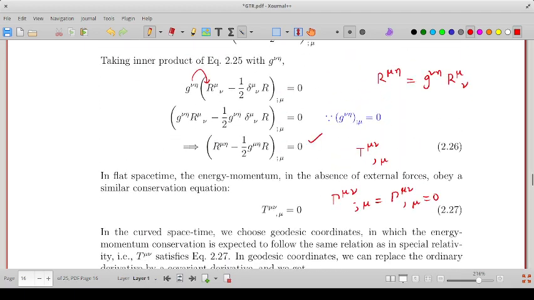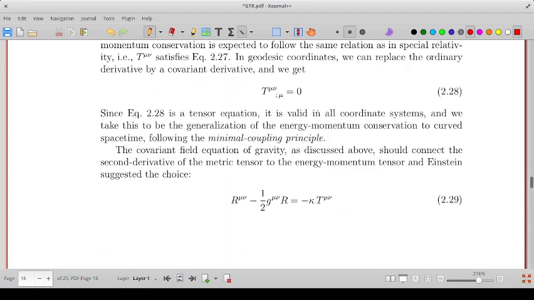So adding this equation and this equation, we can write (R^μν minus half g^μν R)_;μ plus T^μν_;μ is equal to 0.